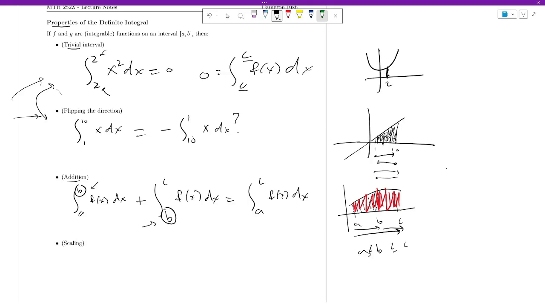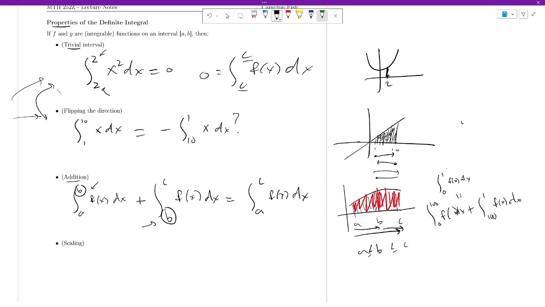So, for example, if I wanted to integrate some function from 0 to 1, it's actually the same as if I integrate it from 0 to 100, and then integrate from 100 back to 1. So I can actually pick any number I want in that middle slot.